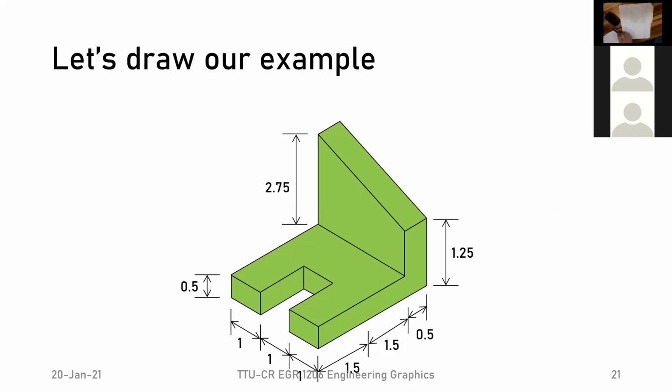So I didn't realize I couldn't have them up on the screen at the same time. 0.5, 1, 1, 1, 125, and 275. Okay, I think that should be sufficient. So this way I can see what I'm drawing.